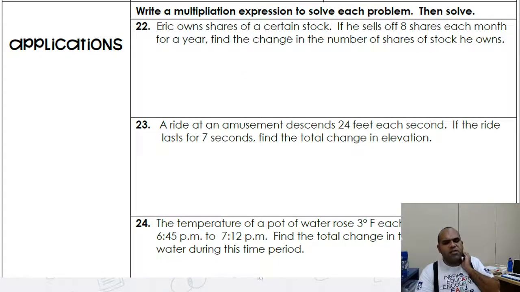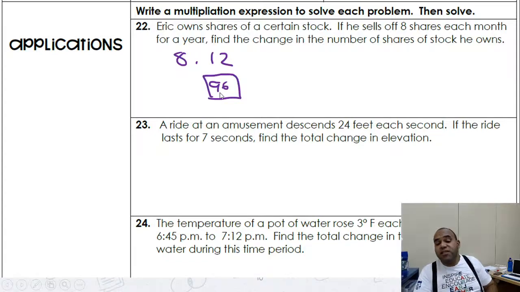Each month of the year, I have 12. 8 times 12: 2 times 8 is 16, carry 1. 8 times 1 is 8, plus 1 is 9. 96. Look, I have right now 96 stocks.